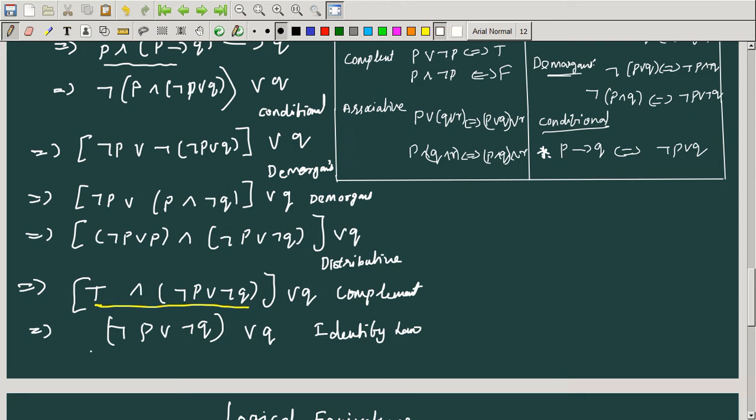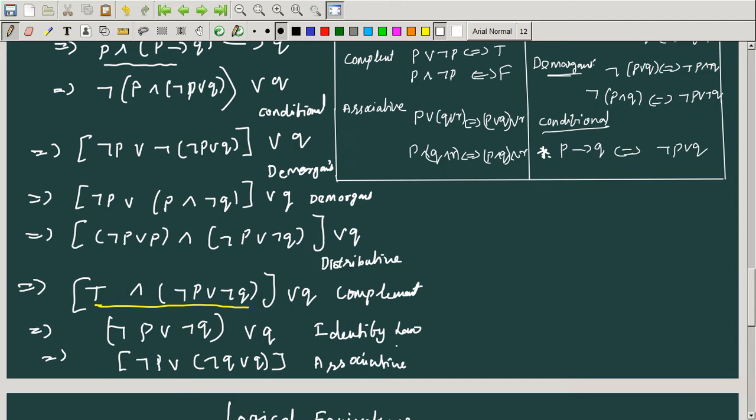Next, after applying the identity law, I'm going to apply associative: negation P or (negation Q or Q).